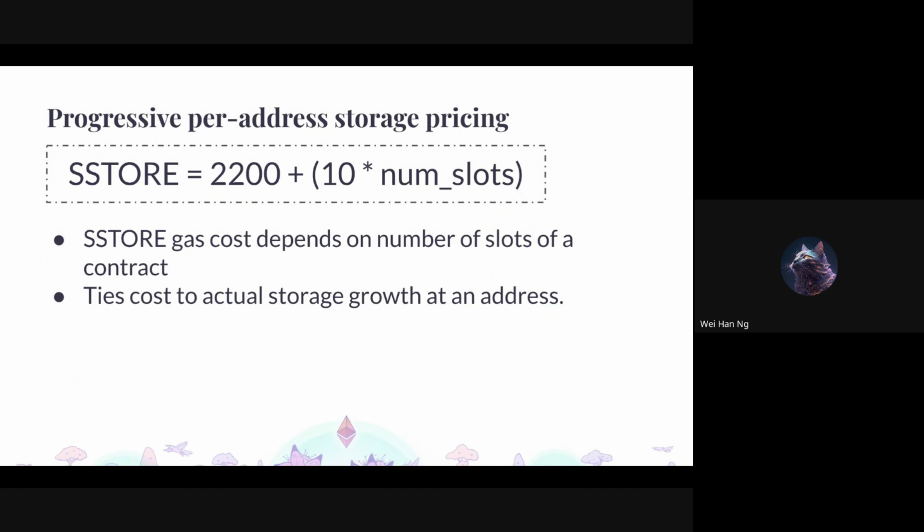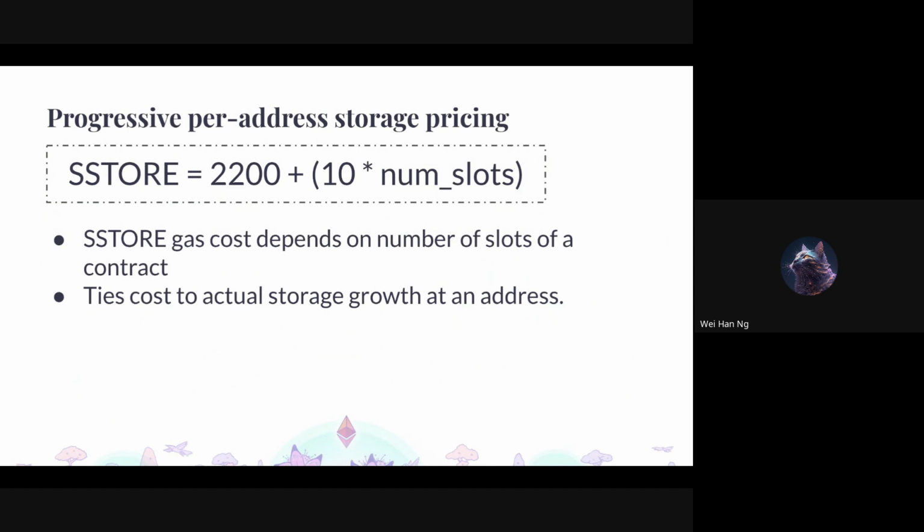So we wanted to see if we can make the cost of storing a new slot in a contract based on the number of slots that the contract has. For example, this is a very simple formula, don't read too much into it: SSTORE could be repriced into 2,200 plus 10 times the number of slots that the contract has. This 10 times num slots is just to show that we want to price it based on the number of slots.